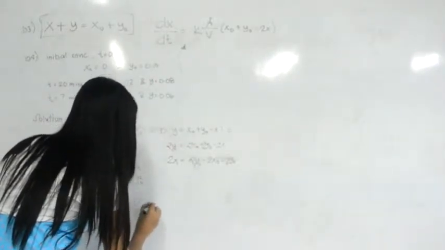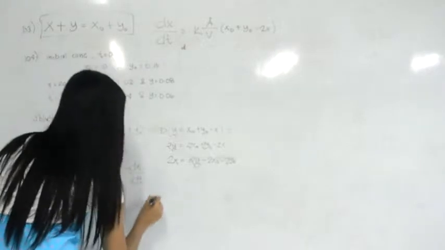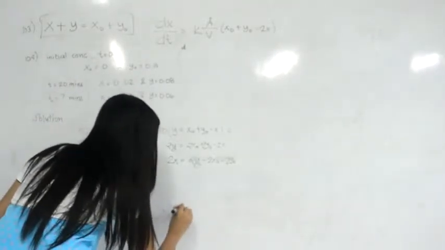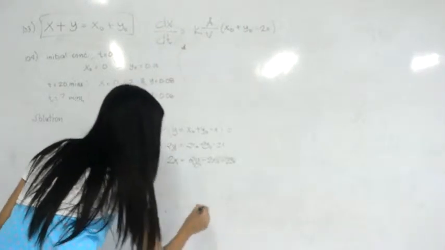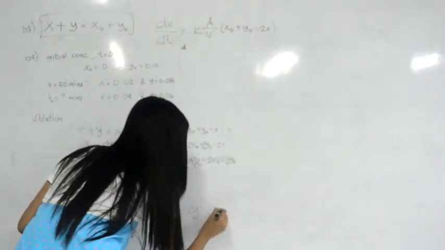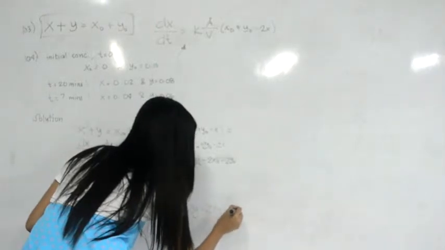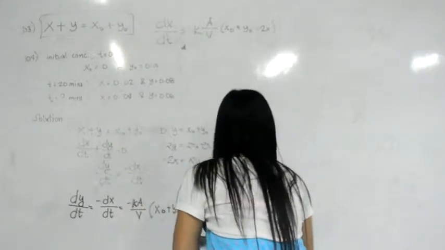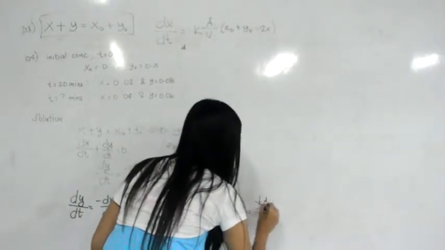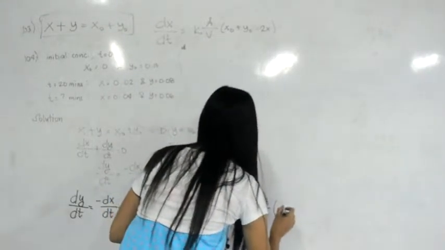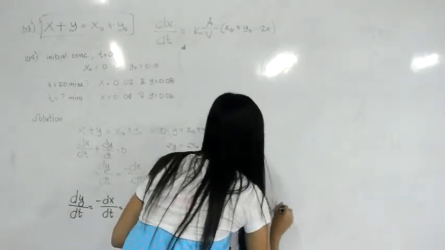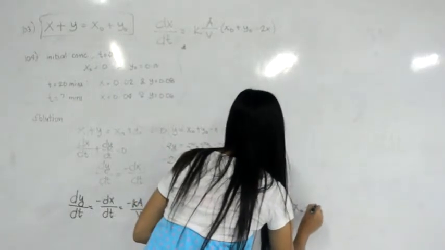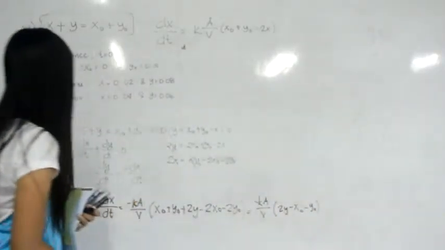x0 plus y0 plus 2y minus 2x0 minus 2y0, which is just equal also to negative KA over V times the quantity of 2y minus x0 minus y0.